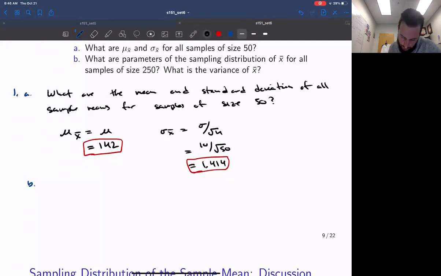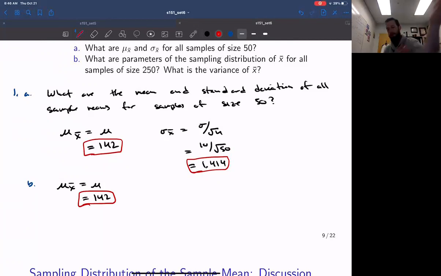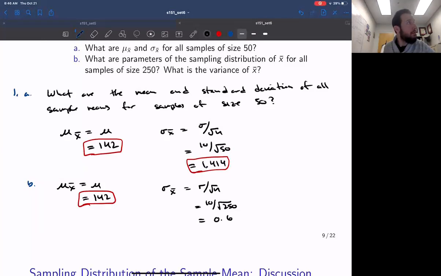Okay, so here we have mu X bar is equal to mu. Notice that changing sample size has no effect on the mean. No matter what the sample size is, mu of X bar is always mu. And then sigma X bar is sigma over the square root of n, which is 10 over the square root of 250, which is 0.632.